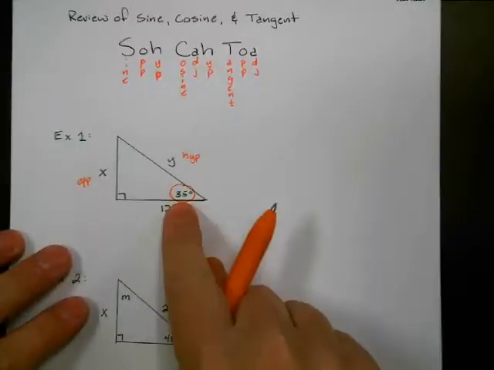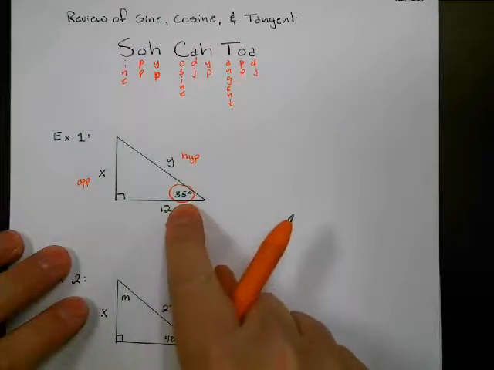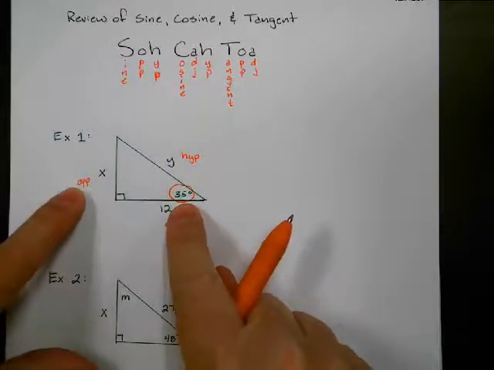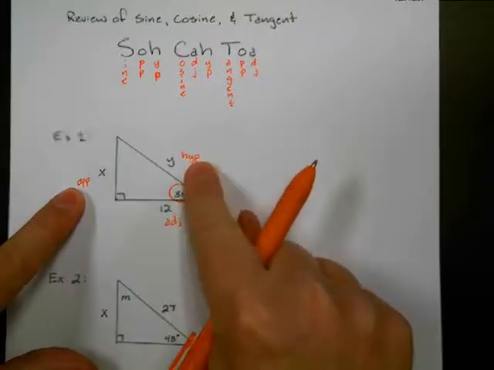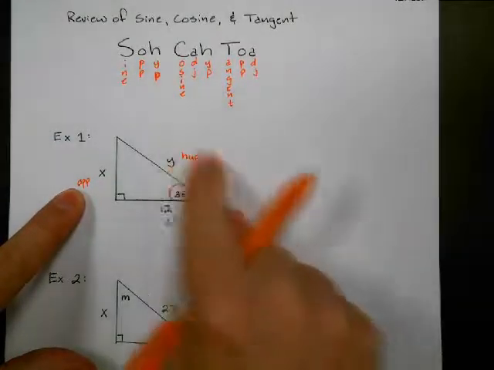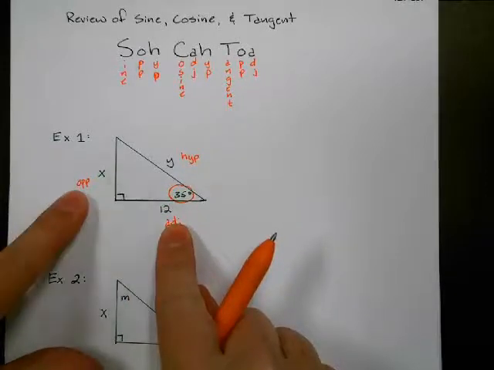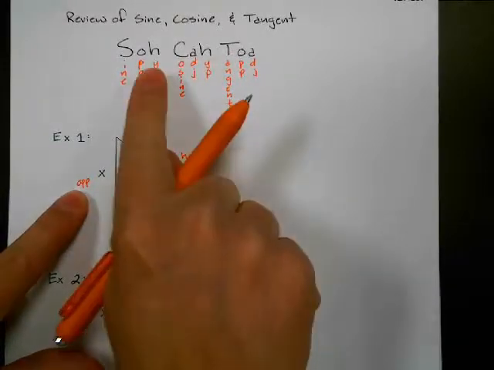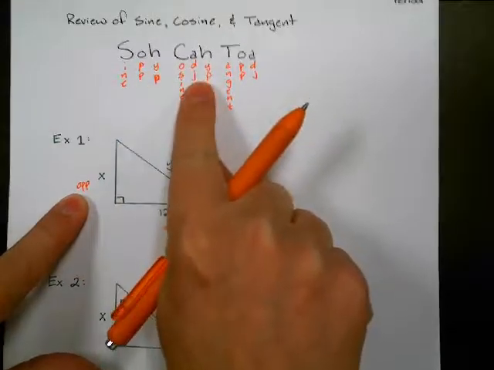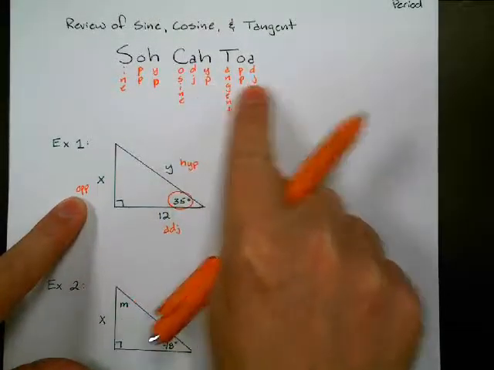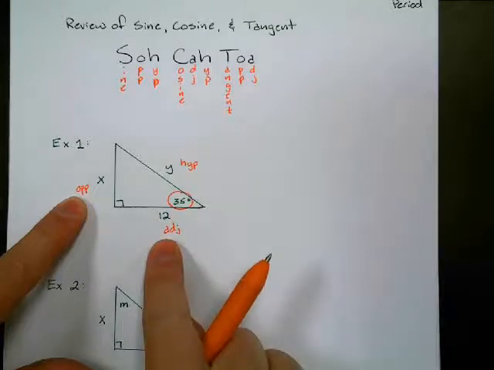Well, here's my 35-degree angle. I've got opposite. I'm going to have to use that because I'm looking for x. And I can't use hypotenuse because I don't know anything about it. So I'm going to use adjacent. Which one uses opposite and adjacent? Opposite hypotenuse, adjacent hypotenuse, opposite adjacent. I must have to use tangent for this one.